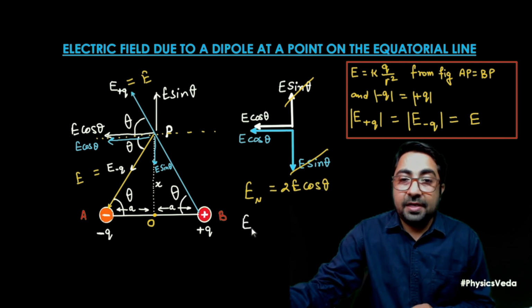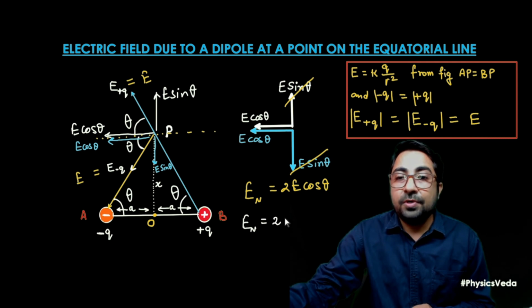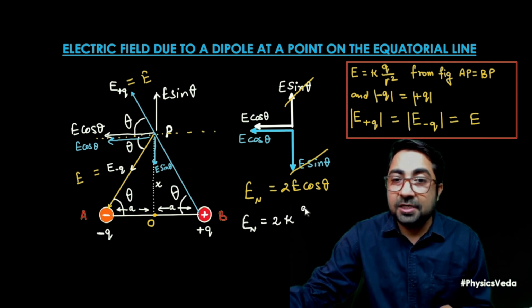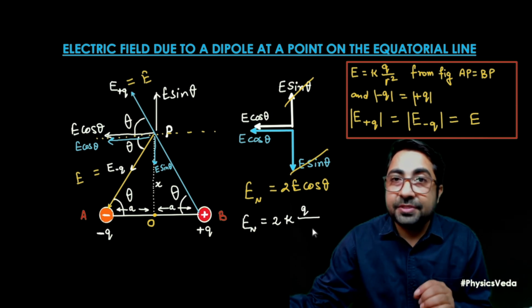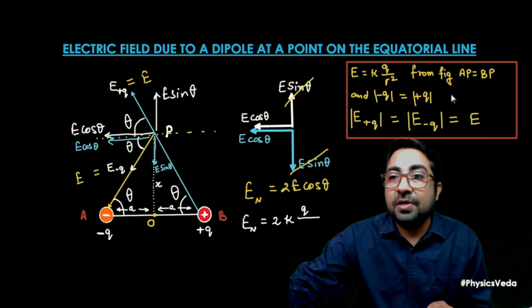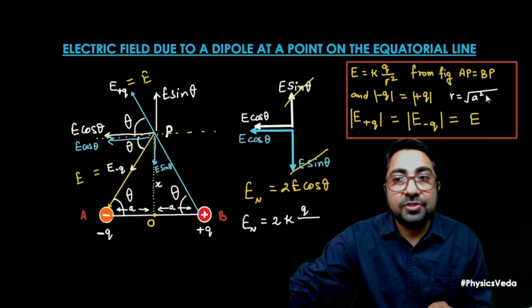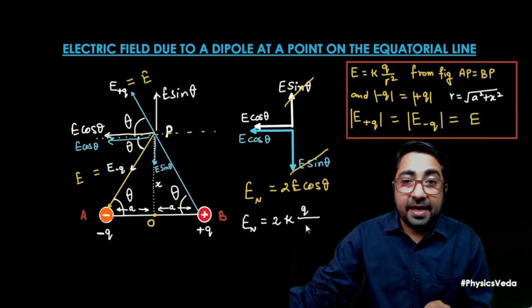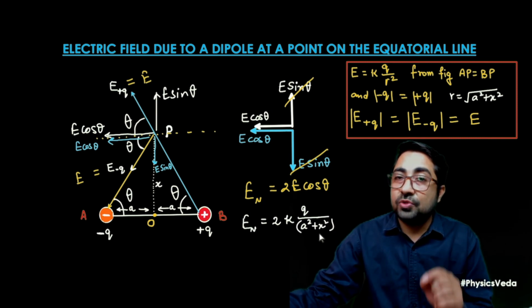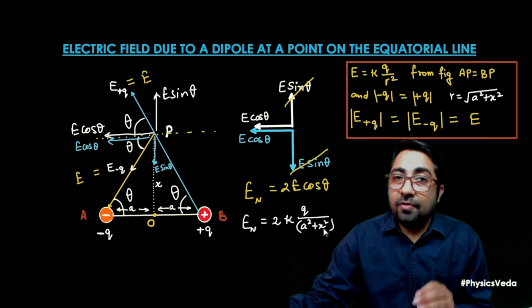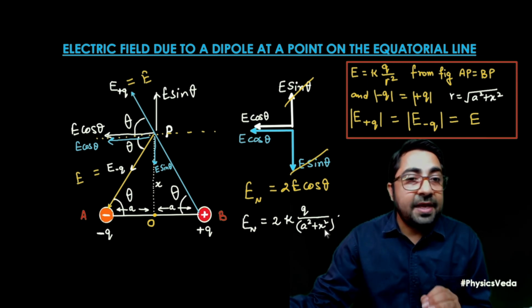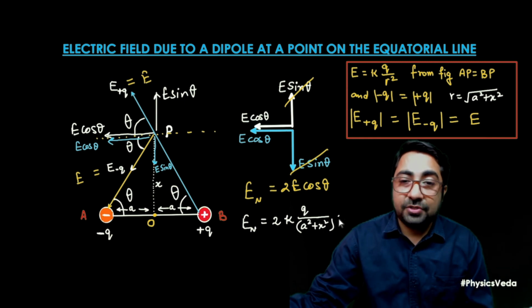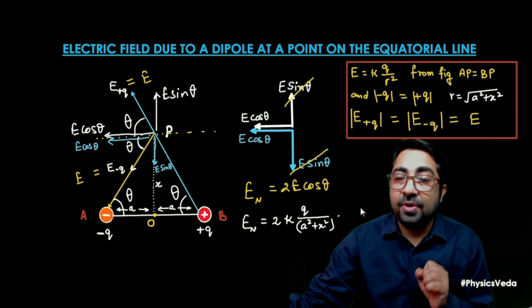The total electric field, E net, is equal to 2 into constant K, the charge magnitude Q, upon distance square. And the distance, we have already written, is equal to square root of a square plus x square. Now putting all these values, we will get a square plus x square. Here square root and square may cancel, and the value of cos theta, from the diagram it is very clear, is base upon hypotenuse.